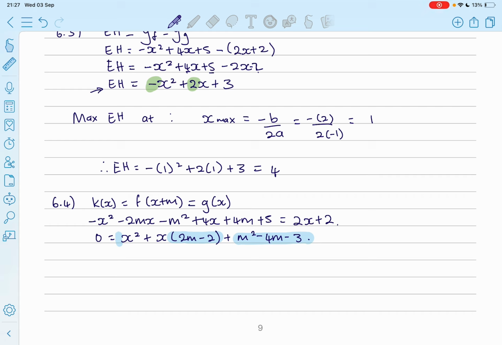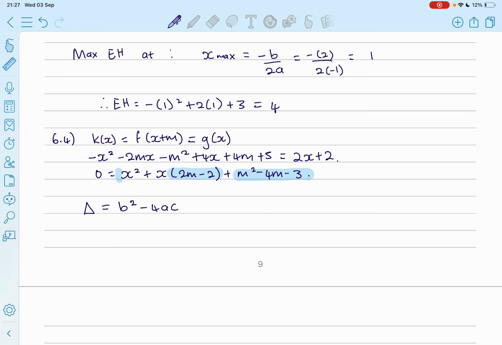So the equation for the discriminant will be b squared minus 4ac. And for us, b is 2m minus 2, and then our a is 1, and c is that term I highlighted, which is m squared minus 4m minus 3.